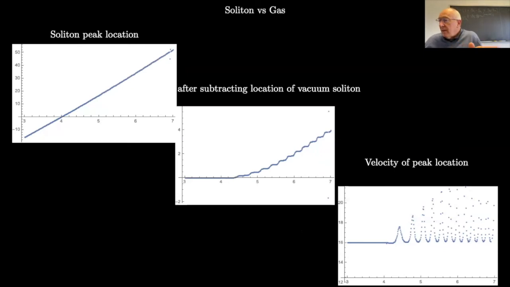You remember I had a plot at the beginning of the peak location. This is again the plot of the soliton peak location on the upper left. In the middle, I subtracted off the vacuum velocity to see that there are oscillations as the soliton interacts with the gas. And this is a plot after having subtracted off the vacuum velocity.